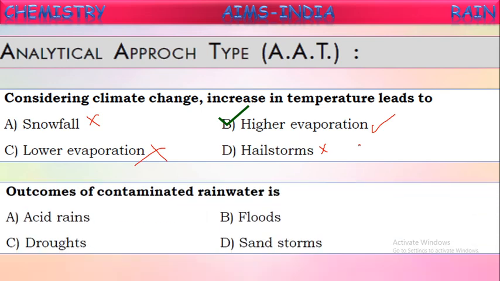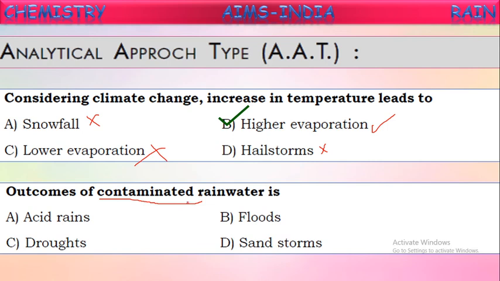Next one. Outcomes of contaminated rainwater. So what are the results of this contaminated rainwater? Is it rain, acid rain, floods, droughts or sandstorms? Actually these three are results of rain only, but we are asking especially about the outcome of contaminated rainwater. Contaminated means polluted.